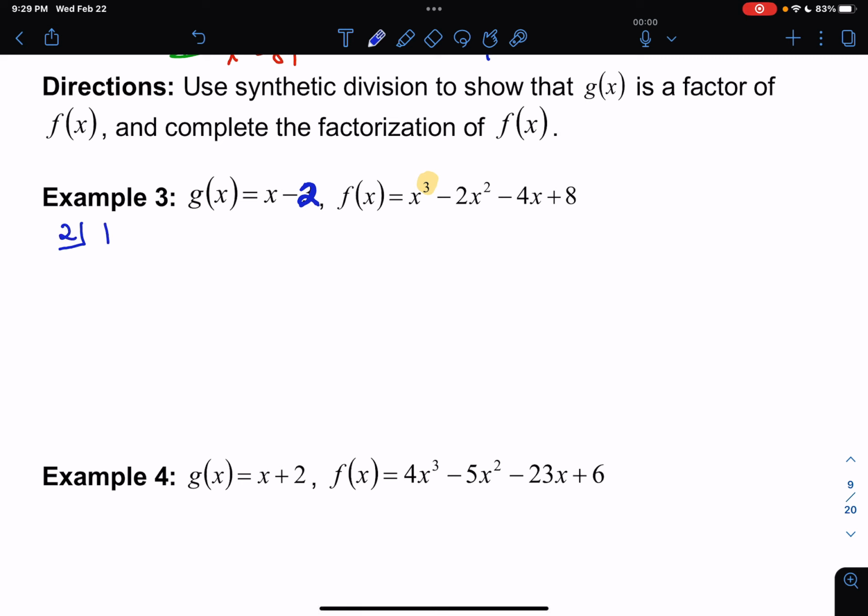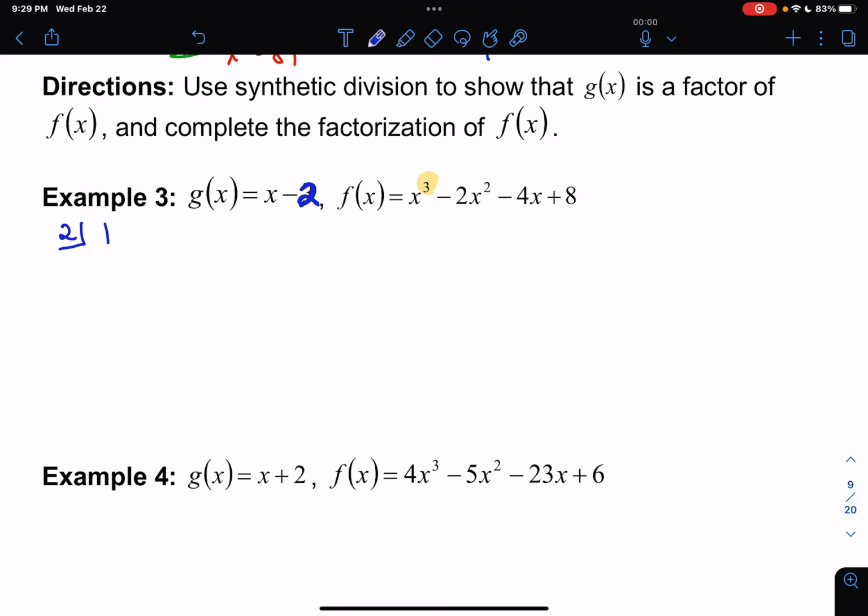Using synthetic division, we bring down that leading coefficient of 1, multiply and add, and then multiply and add. So we end up with a remainder of 0. This is key because since we end up with a remainder of 0, we know that x minus 2 is a factor.